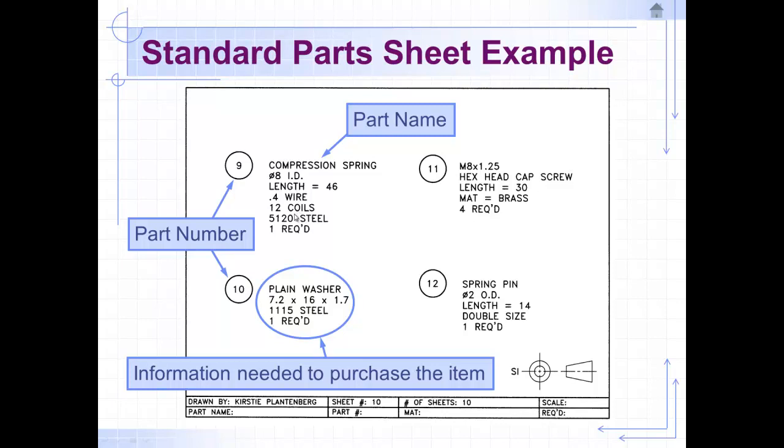Now, what I usually like to do is, if I know my manufacturer, if I know that I'm buying this compression spring from McMaster or whoever the manufacturer is, I usually type the name of the manufacturer here and include the part number. Now, doing that does not eliminate the need to put all these numbers, because what happens if that manufacturer goes out of business or ends up merging with another company?